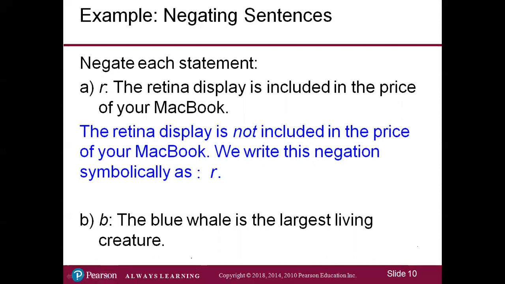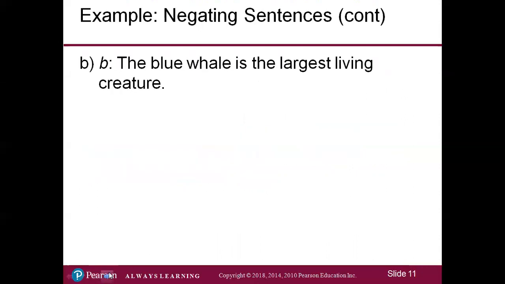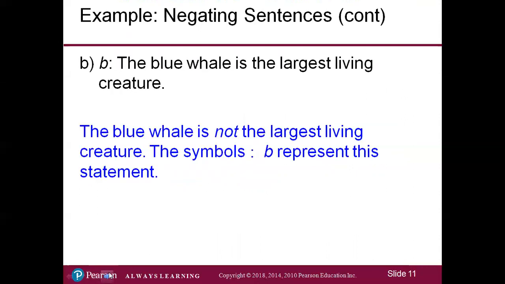We write this negation symbolically as tilde R. The blue whale is the largest living creature. The blue whale is not the largest living creature. The symbols tilde B represent this statement.